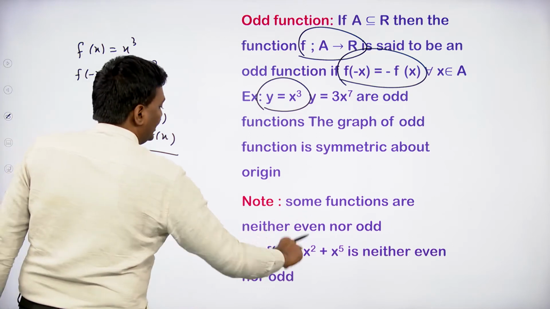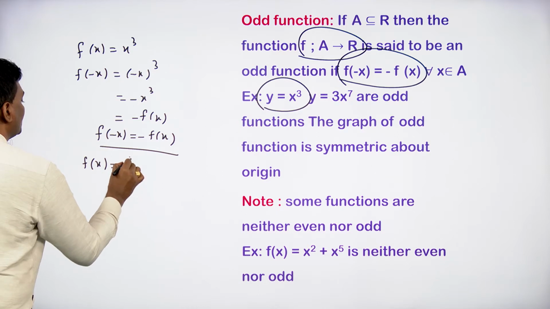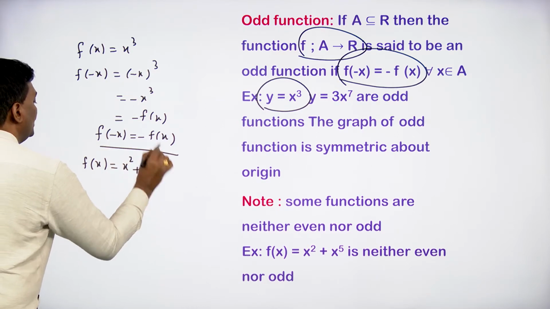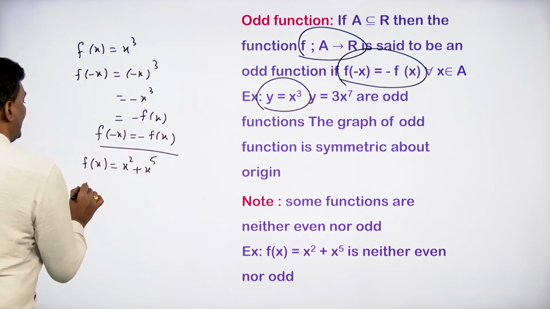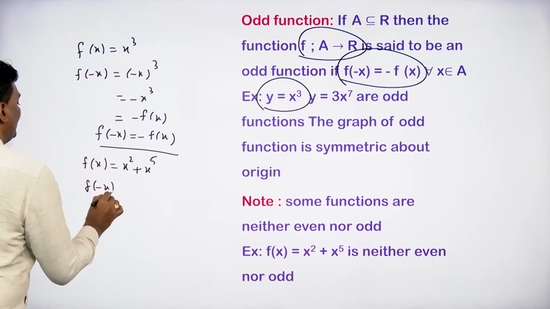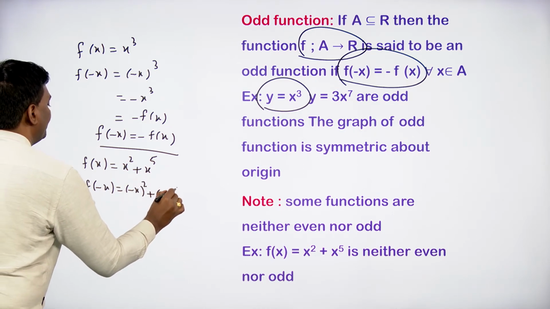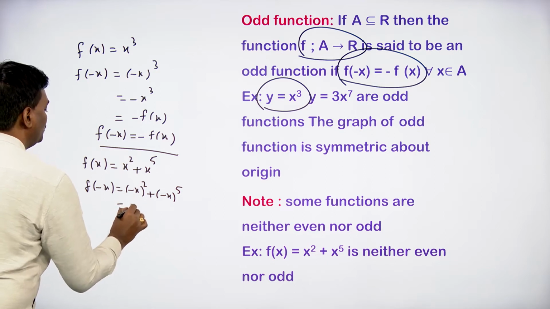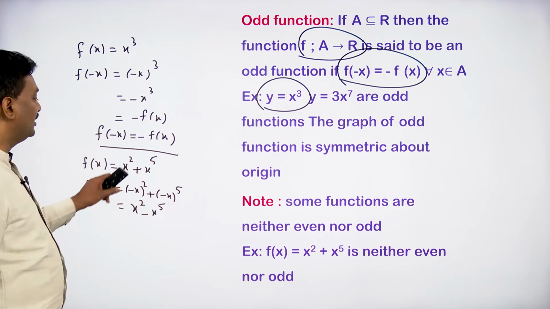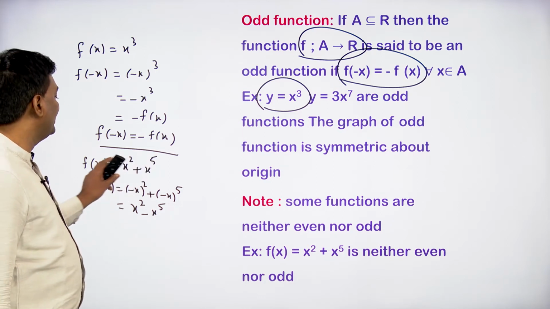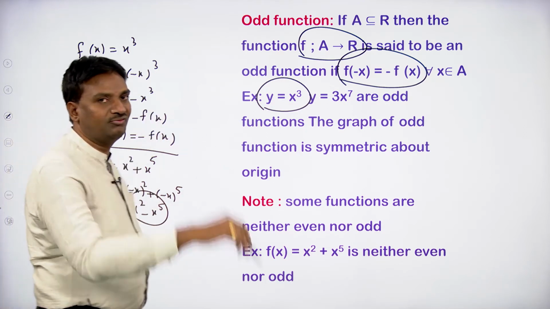Suppose f of x equals x square plus x power 5. In place of x if you write minus x, f of minus x equals minus x whole square plus minus x power 5. Minus x whole square means x square, and minus x power 5 means minus x power 5. But according to the problem, x square plus x power 5 is given as f of x. So this is neither f of x nor minus f of x.